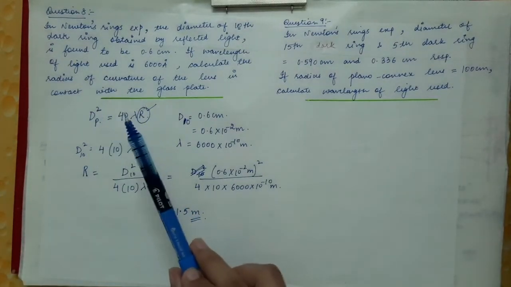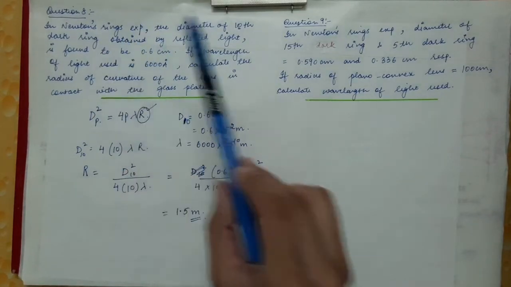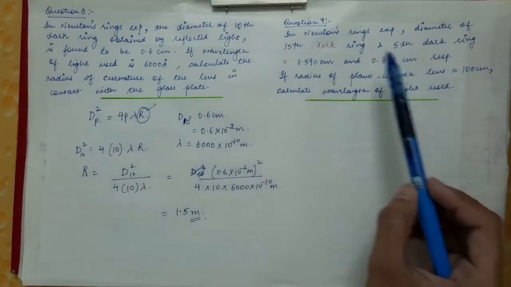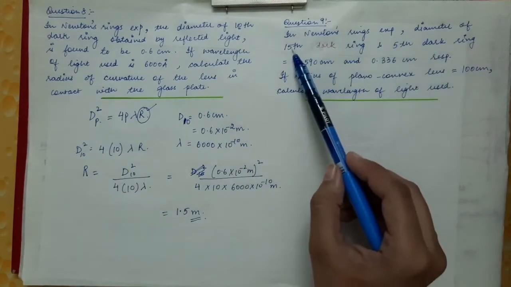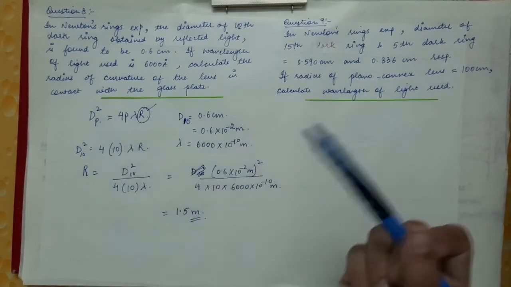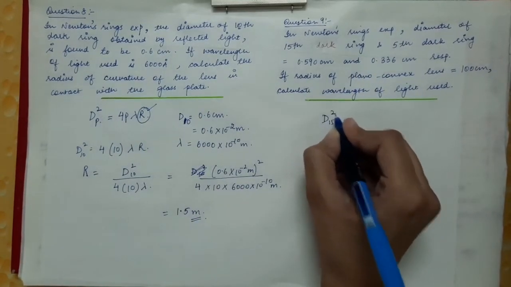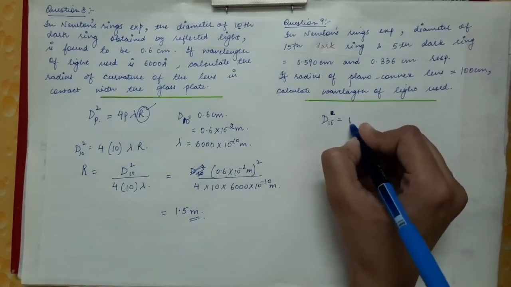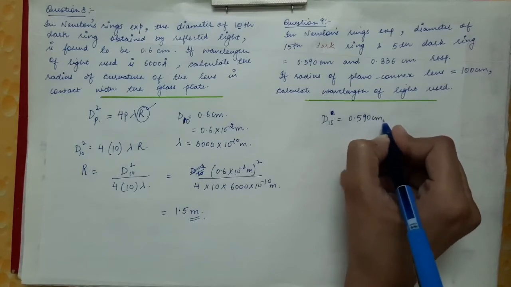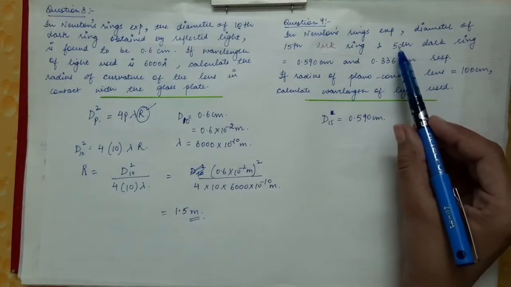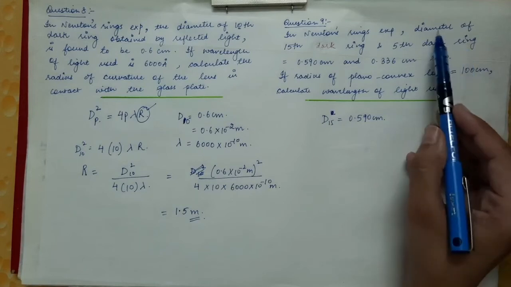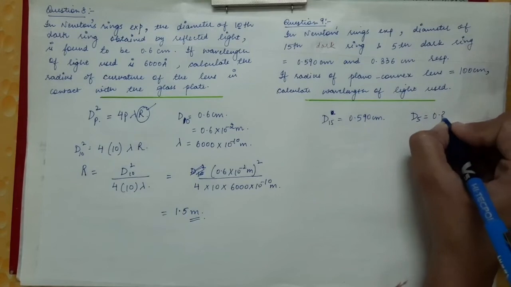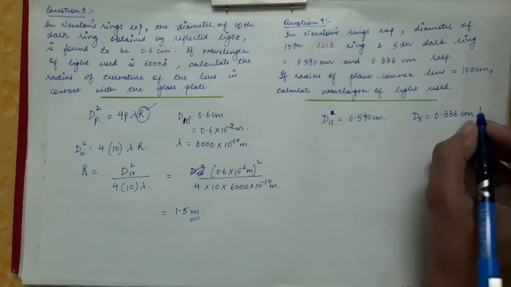So this is the numerical which is based on Newton's rings. The next numerical is also based on the same formula. We are given the diameter of the 15th dark ring, D15, which is equal to 0.590 centimeter, and the diameter of the fifth dark ring, D5, which is 0.336 centimeter.